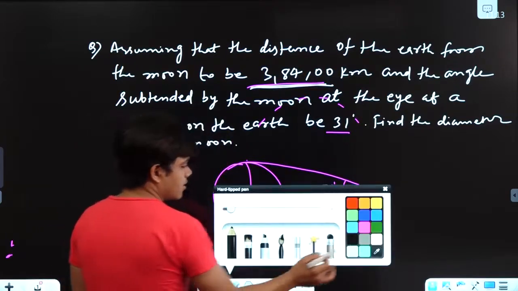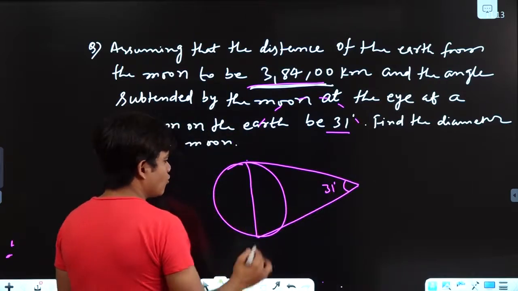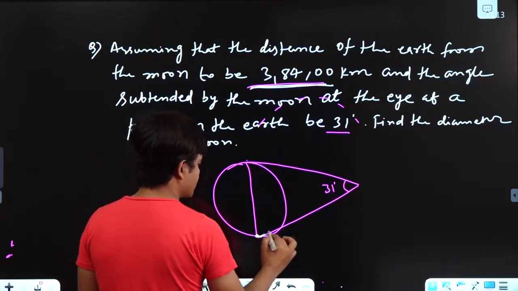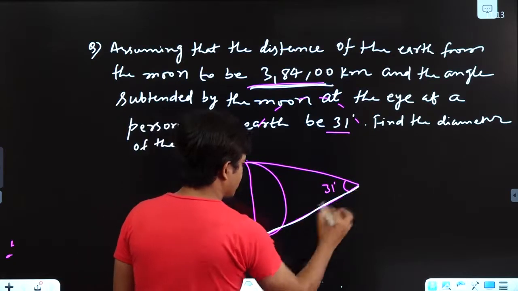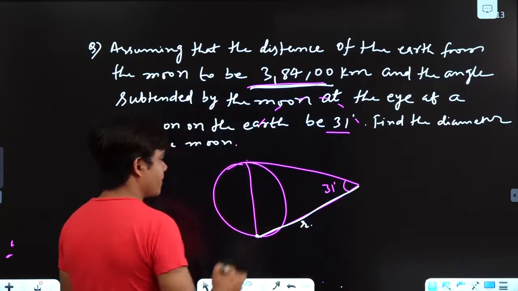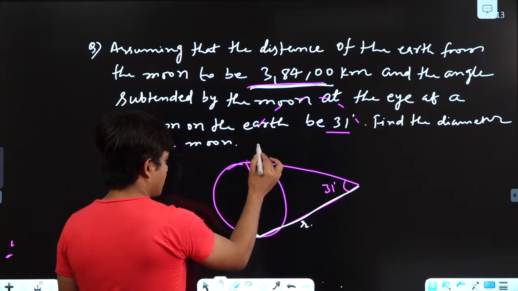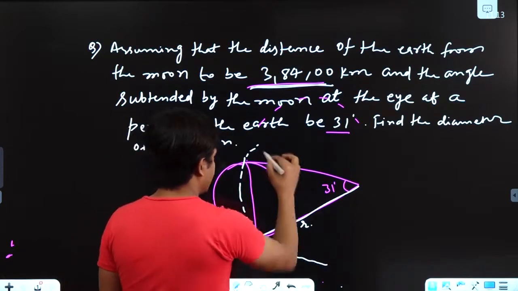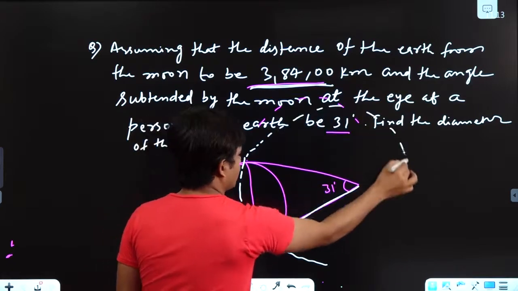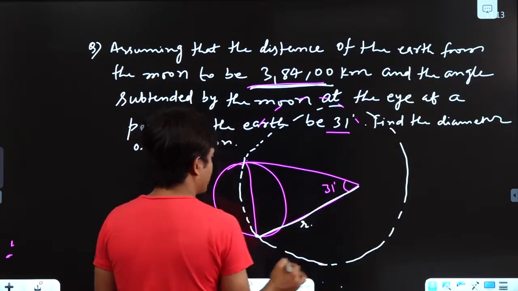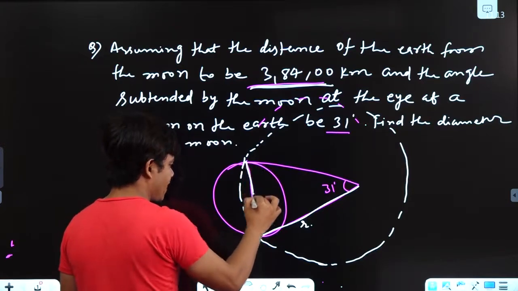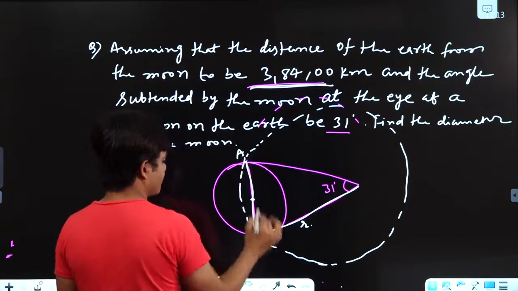All right. So now what shall we do? Certainly take this as a radius, take this as the R, and draw a circle. By taking this radius, let's draw a bigger circle over here, because we have to find the diameter of the moon, means we are interested to find this length AB.